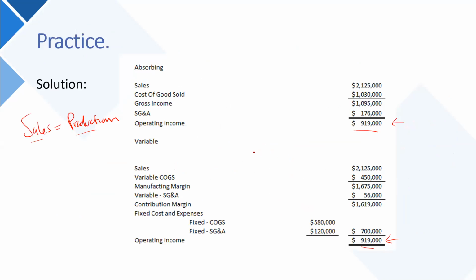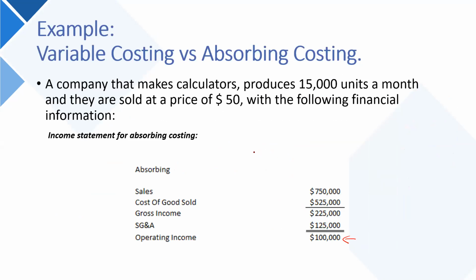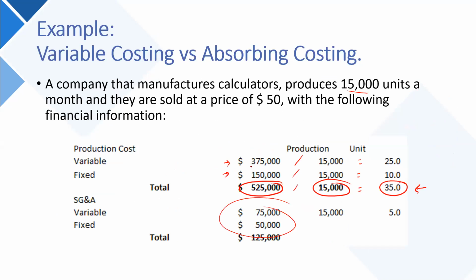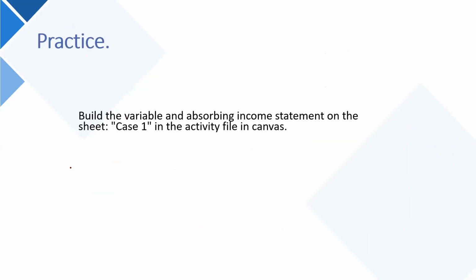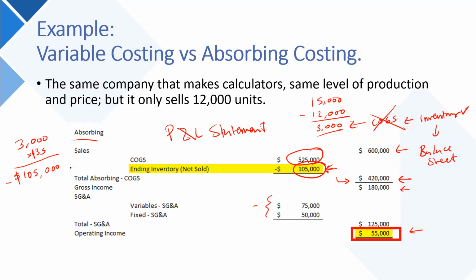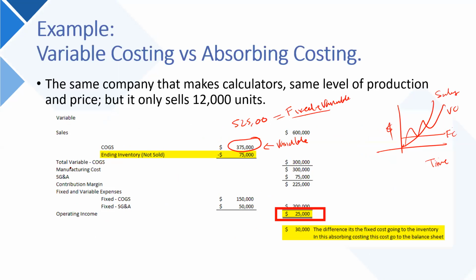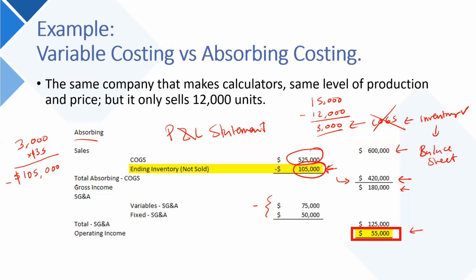So let's go back to the information, and you can see it there. You see? Only variable cost is actually shown in this statement. So if only variable cost is shown as a cost, that means that our valuation of inventory is only going to take into consideration the variable cost. And remember, in the last one, it was a 35 pesos unit cost because it had both fixed and variable cost and expenses.